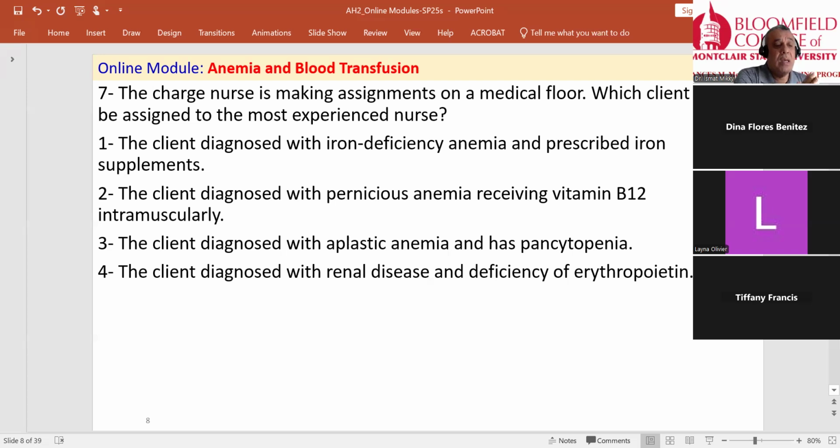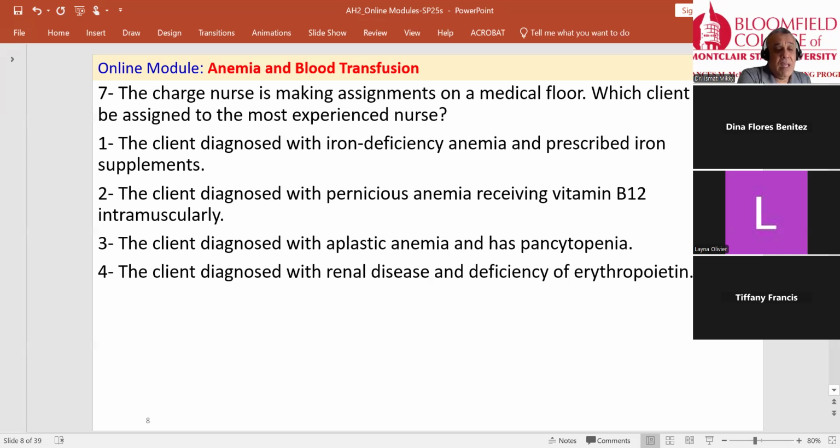They may also develop other complications besides what I just mentioned. So this patient needs the most experienced nurse, because the other patients can be taken care of by any nurse. For example, patients with renal failure need EPO, erythropoietin hormone, and anyone can administer that as well.